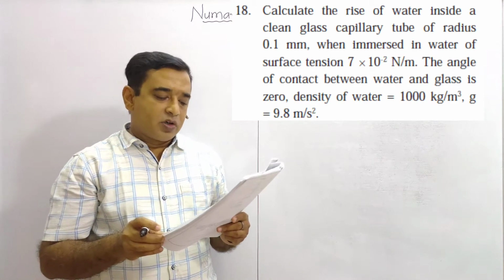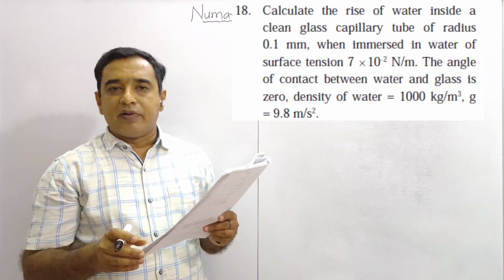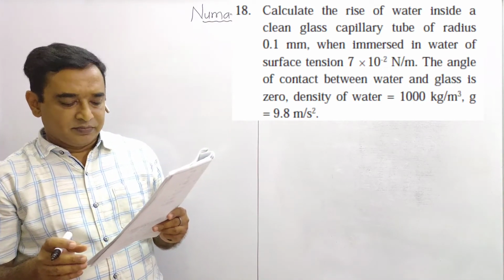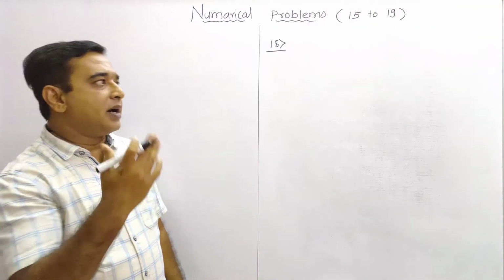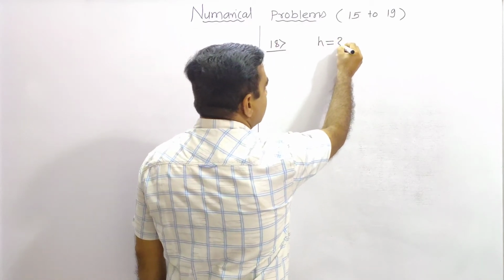Density of water is equal to 1000 kilogram per meter cube, and g value is given as 9.8 meter per second square. So we need to calculate what? The h, the rise, height.